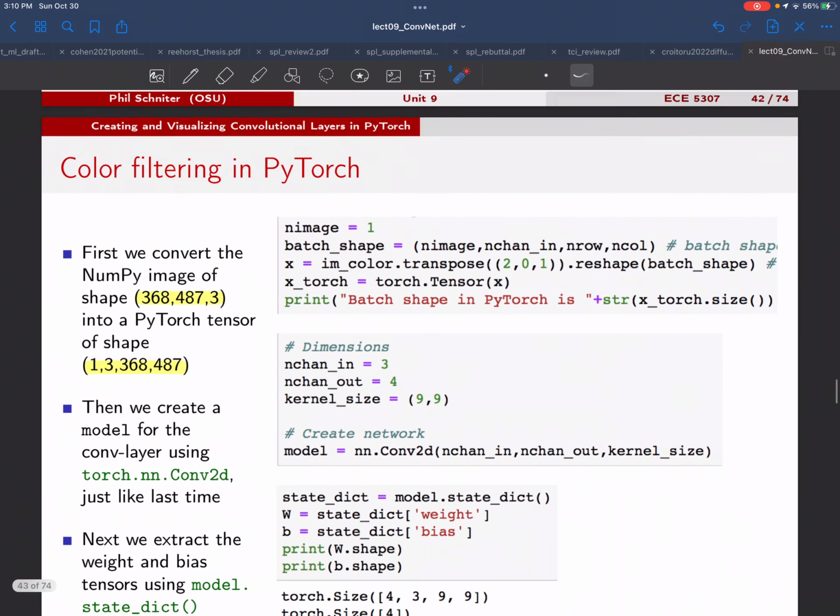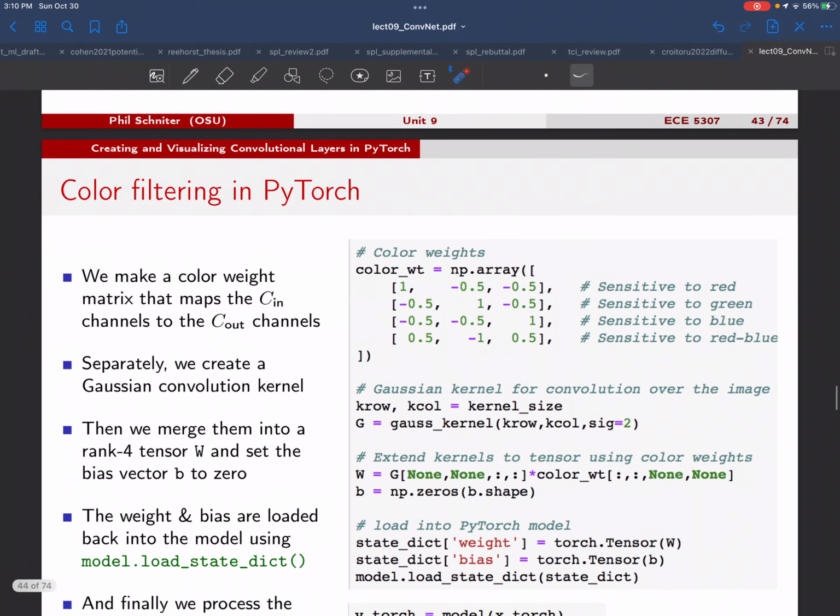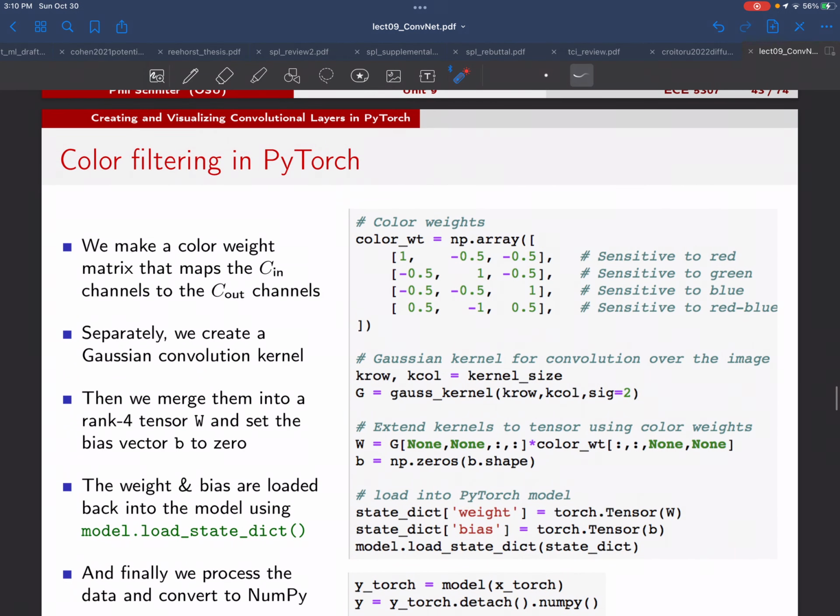So what we can do is make this matrix a color weight matrix where each of these rows shows the red, green, blue values of the 4 filters. The top one is filter number 1, the next one is filter number 2, number 3, number 4.